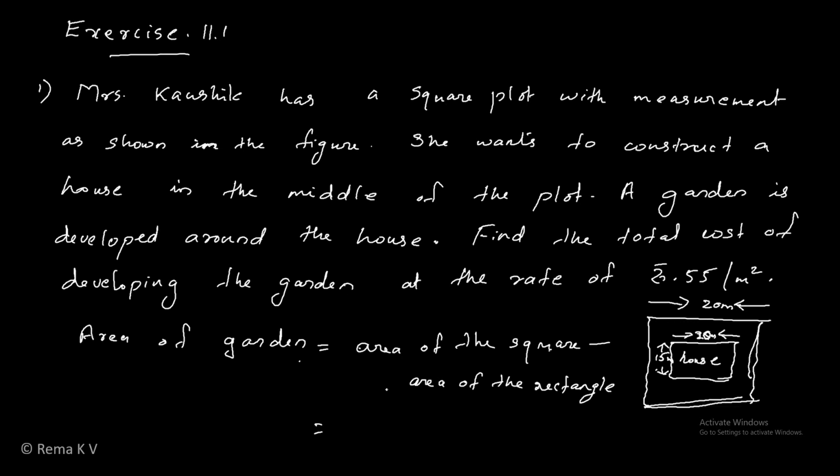Okay, thank you, Anagha. So see, you have to be familiar with this formula, area of plane figures. Okay, area of square is equal to a square. Here the side of the square is given as 20 meter. So we can write this as 20 square minus area of the rectangle.